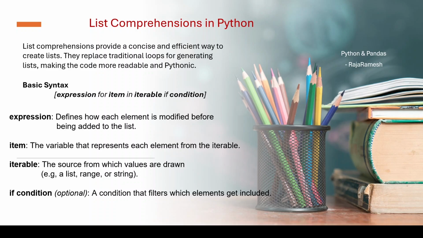The basic syntax is: you create a variable and assign to it a pair of square brackets, and in that start with an expression which defines how each element is modified before being added to the list. That will be some mathematical or other expression. Then comes "for item in iterable", like your normal for loop.